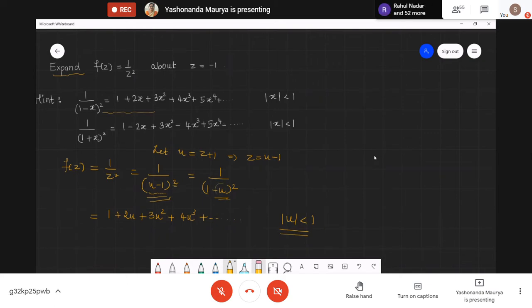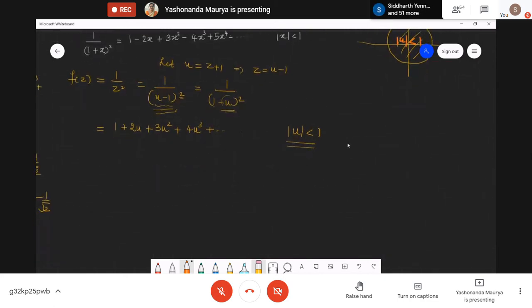So when I draw the circle here, this is the circle mod z equal to 1, and we have got the expansion in this inside region, that is mod of u less than 1. The exterior is still remaining. So how do we do this part?